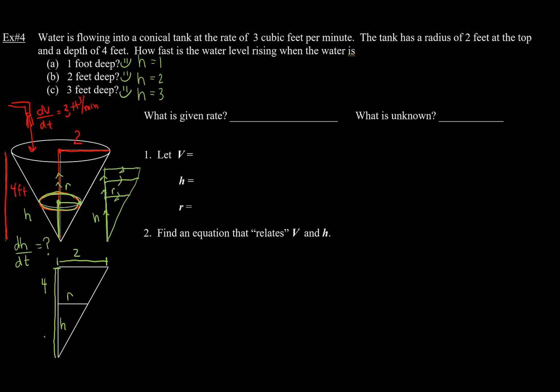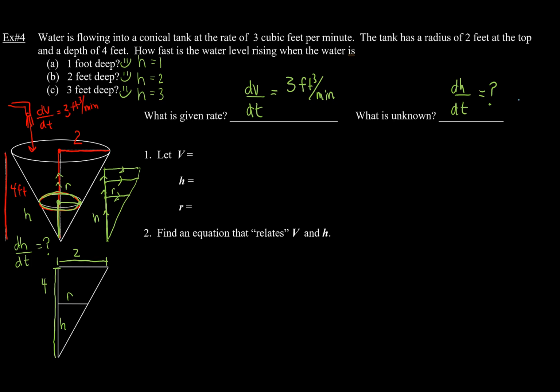All right, let's fill in the stuff that we know. We know our change in volume. We also know that it's positive because I'm pouring water in, so the volume's getting bigger and bigger. It's growing. What we don't know is dH/dt.